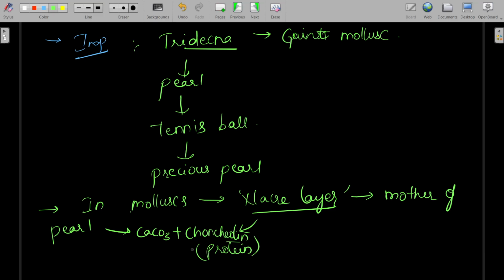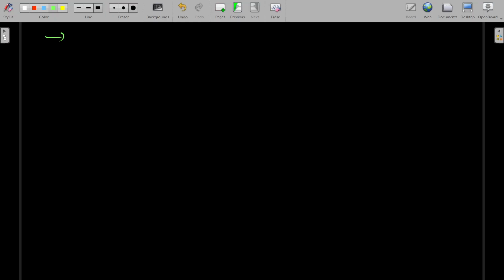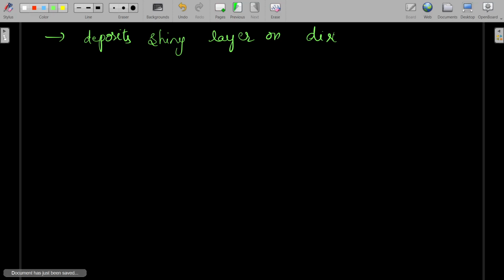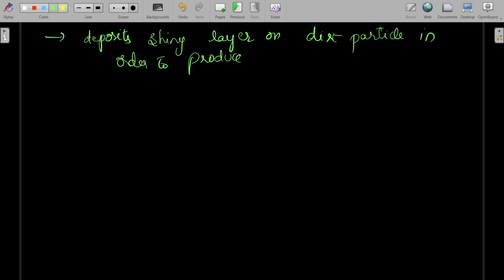This calcium carbonate and conchiolin deposit a shiny layer on a dirt particle in order to produce a pearl.